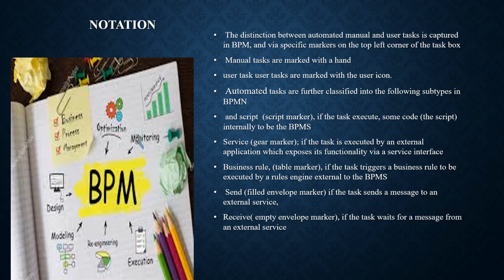Script: if the task executes some code internally to the BPMS. This can be used when the functionality is simple and does not require access to an external application. Example: opening a file or selecting the best quote from a number of suppliers.